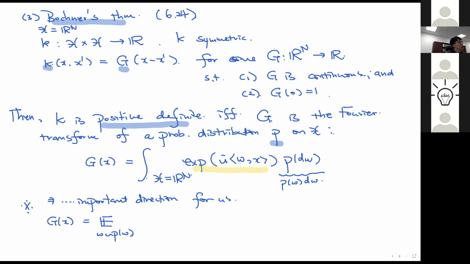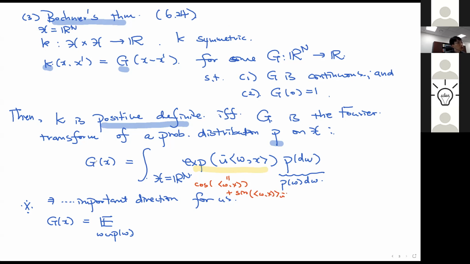If you remember what you learned perhaps in high school, this is the same as cosine of w·x plus i times sine of w·x, a complex number.